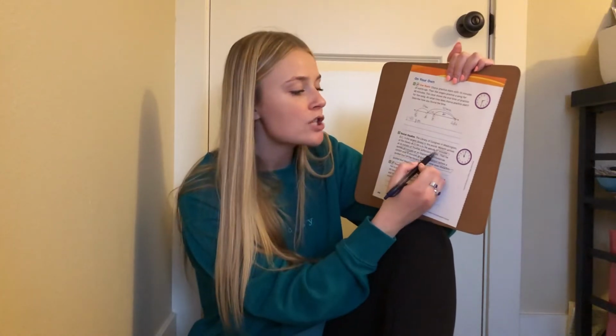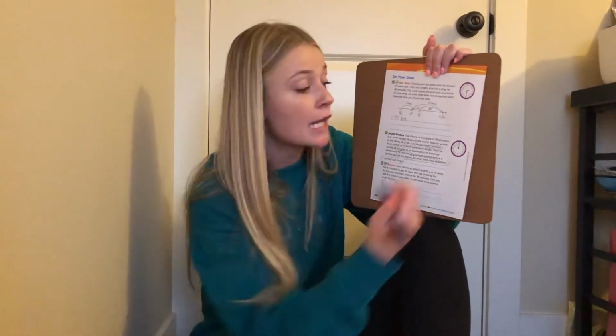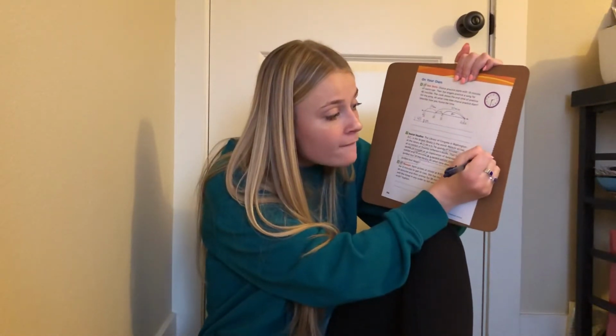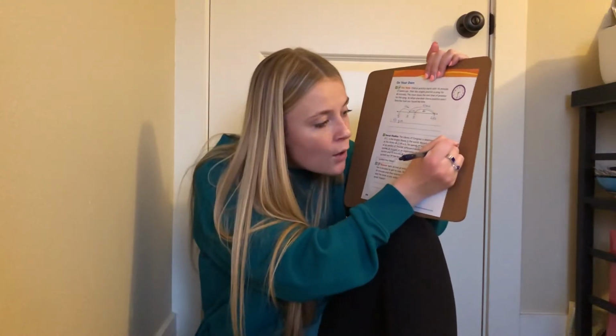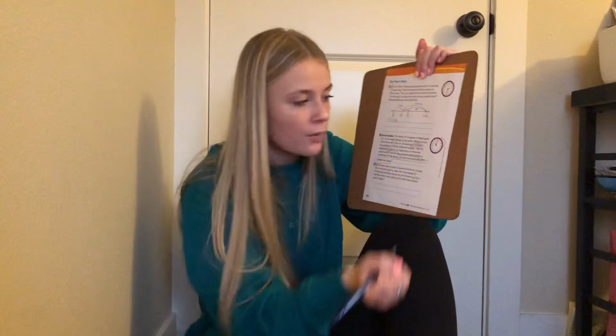So if I started at 17, I'm thinking in my head, okay, 17 is really close to 15. So I'm going to do my 15-minute jump and then 2 more minutes. 1, 2.